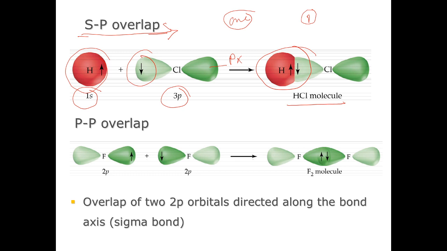The bond that you get here is a sigma bond. One thing I'm sure you'll understand as we proceed is that an s orbital is only able to form a sigma bond. We'll look at one other type of bond in detail as we proceed. For now, we look at each one at a time, step by step.